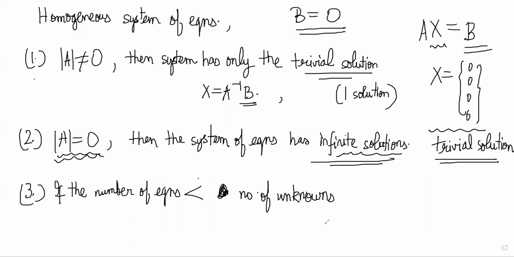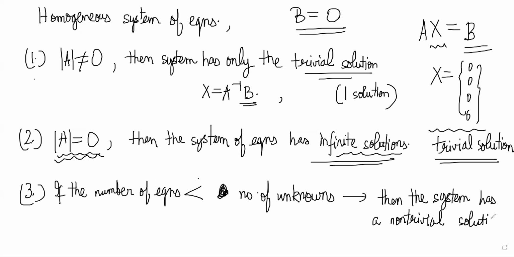Then the system will have a non-trivial solution. So the only case for a non-trivial solution is if the number of equations is less than the number of unknowns.